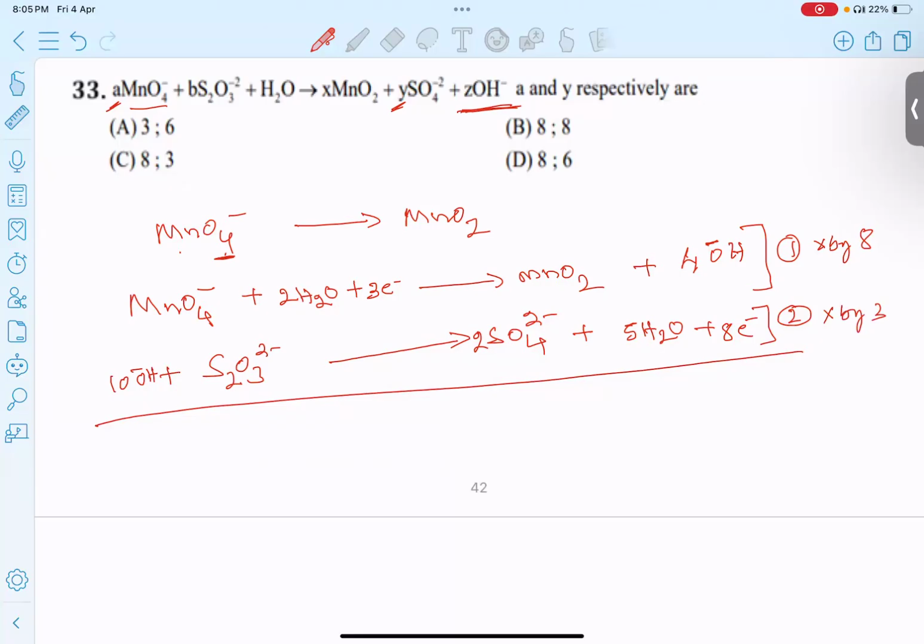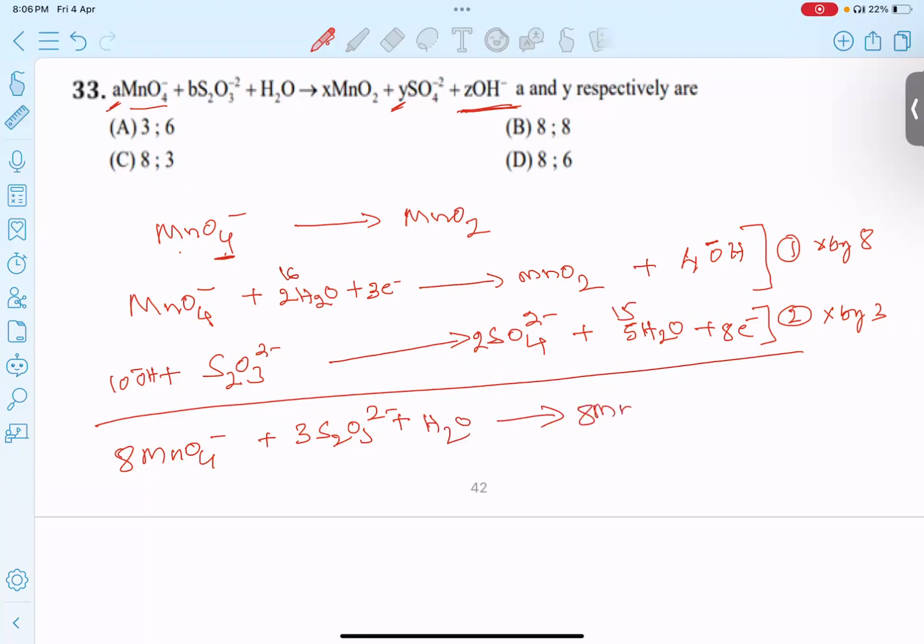So the final equation: 8 MnO4 minus plus 3 S2O3 2 minus. Then water molecules: this side 16 water molecules, this side 15 water molecules, one excess water molecule on the reactant side, add water.